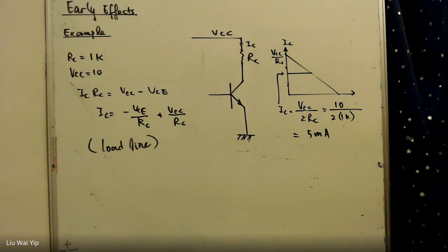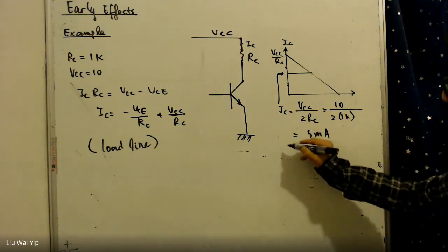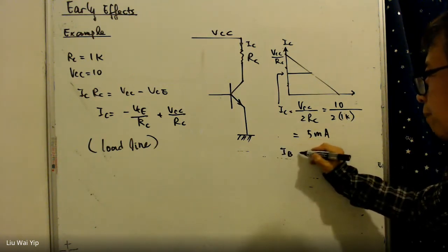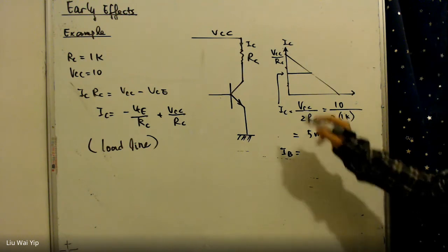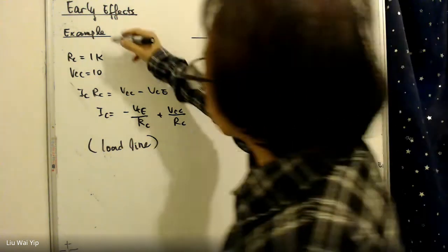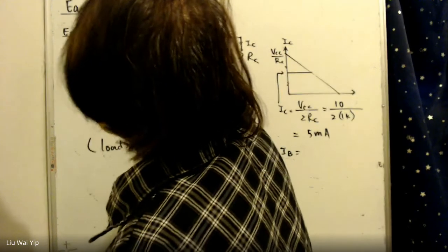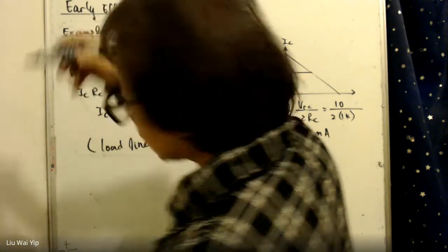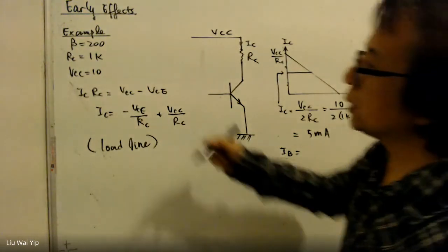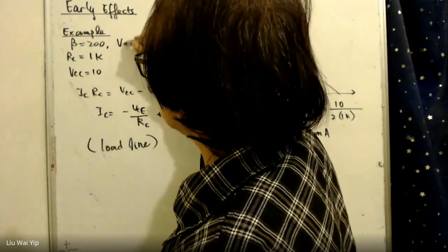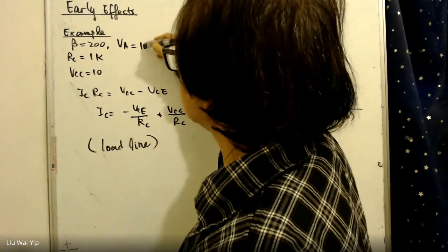So now, if IC is 5 milliampere, then IB will be, let's say beta is 200, just like 2N2222, and the early voltage is 100.